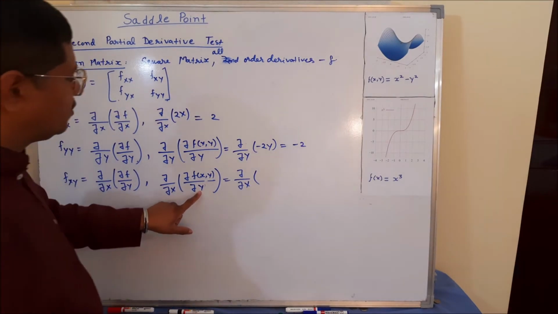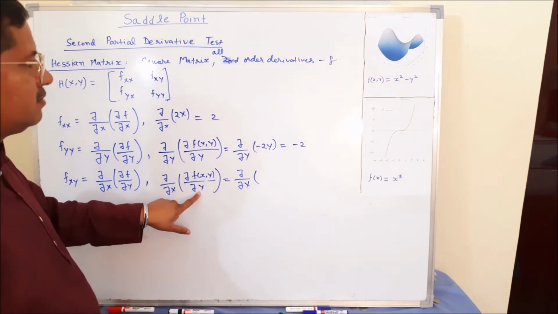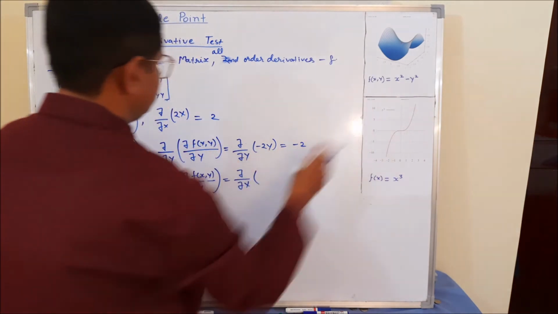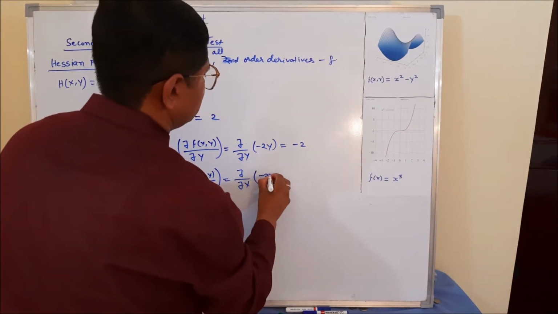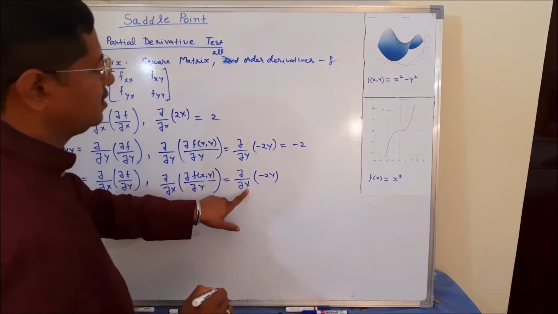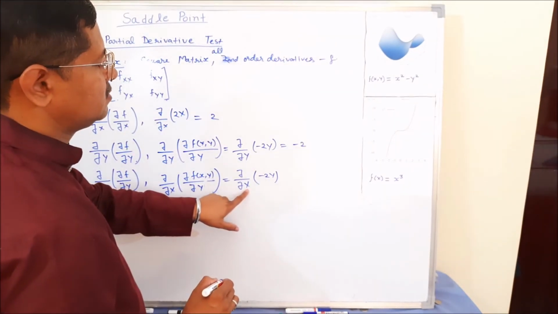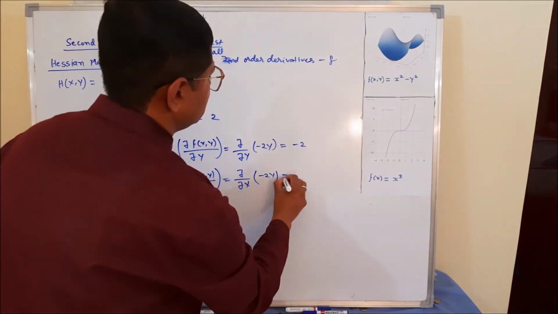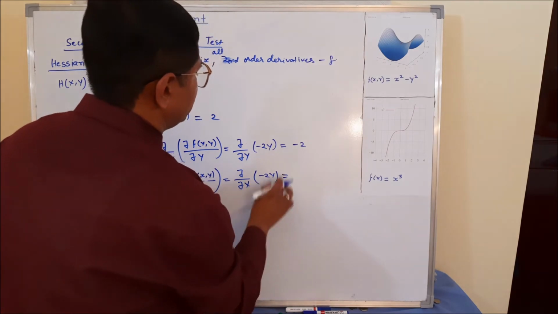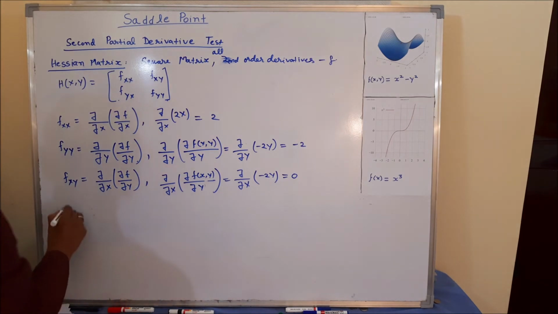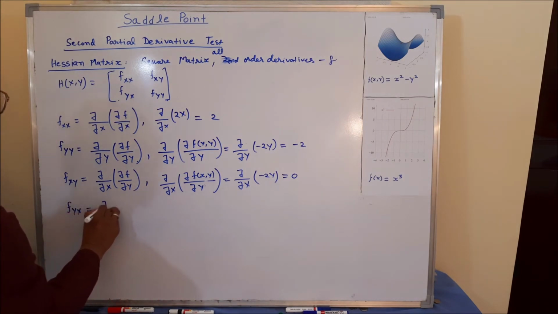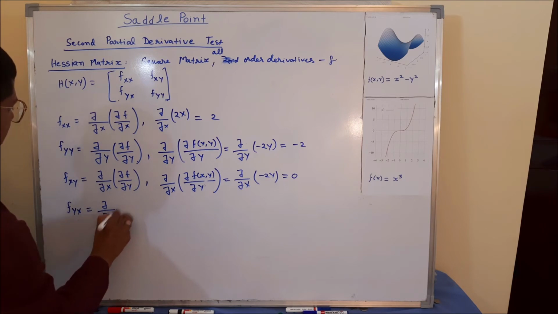When you take the first partial derivative of this function with respect to y, only this portion will be considered, so it will be minus 2y, but here we are then taking the derivative with respect to x, so it will be considered as a constant, so the derivative will be equal to 0. The same thing will happen for fyx.